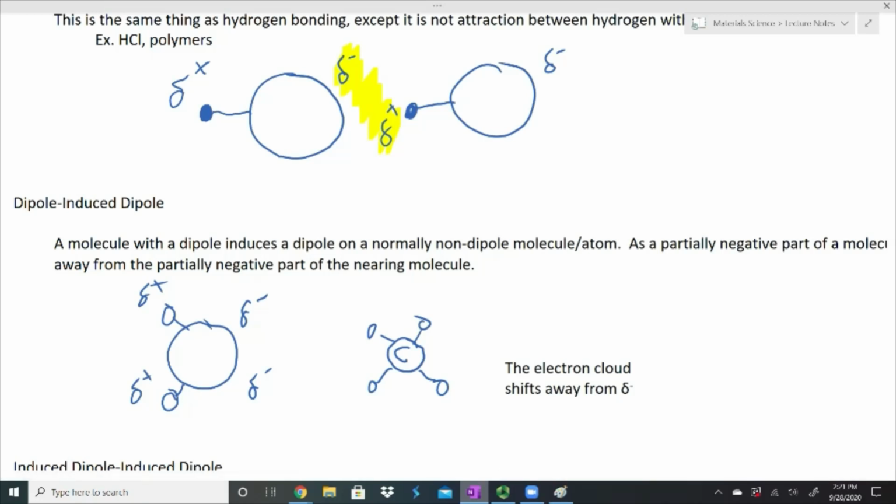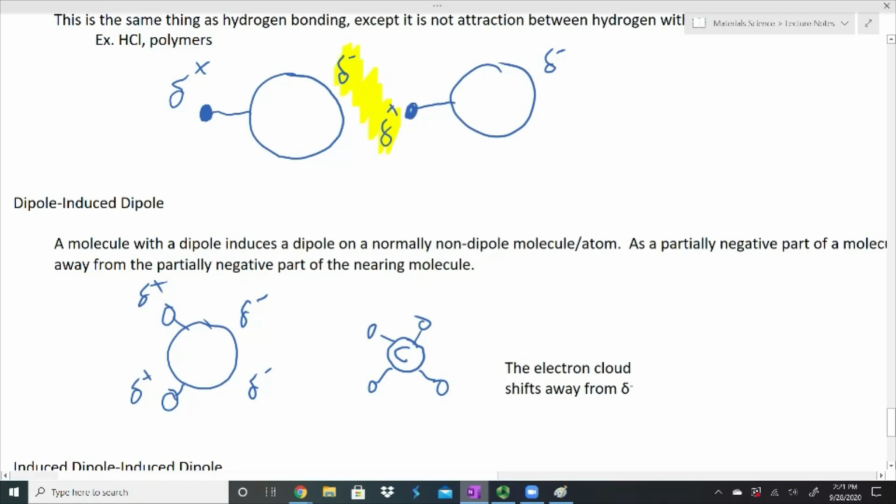And methane overall isn't really that polar because it has hydrogens all the way around it, not just on one side of it. It is true that the inner side of my molecule near the carbon is going to have a different electronegativity than the hydrogens on the outside, but these outside ones are all the same.